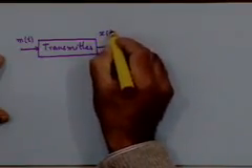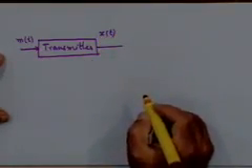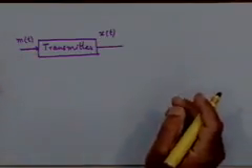The output of the transmitter is a waveform or a signal x of t, which typically in the baseband context would be a suitably scaled version of m of t, right? Appropriately amplified so as to drive the communication channel nicely.